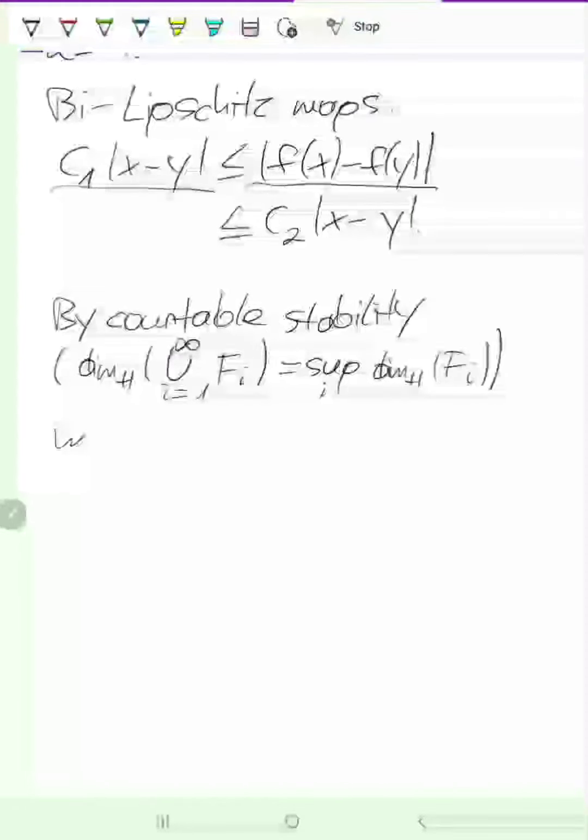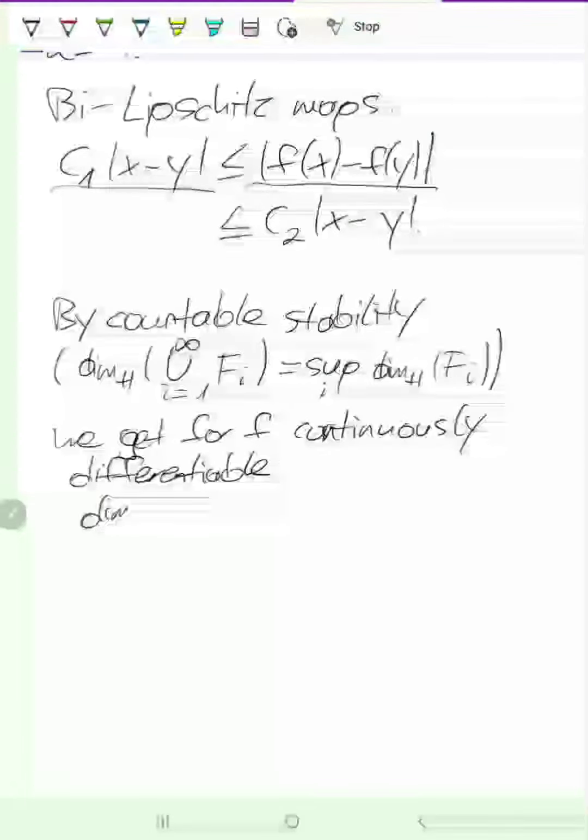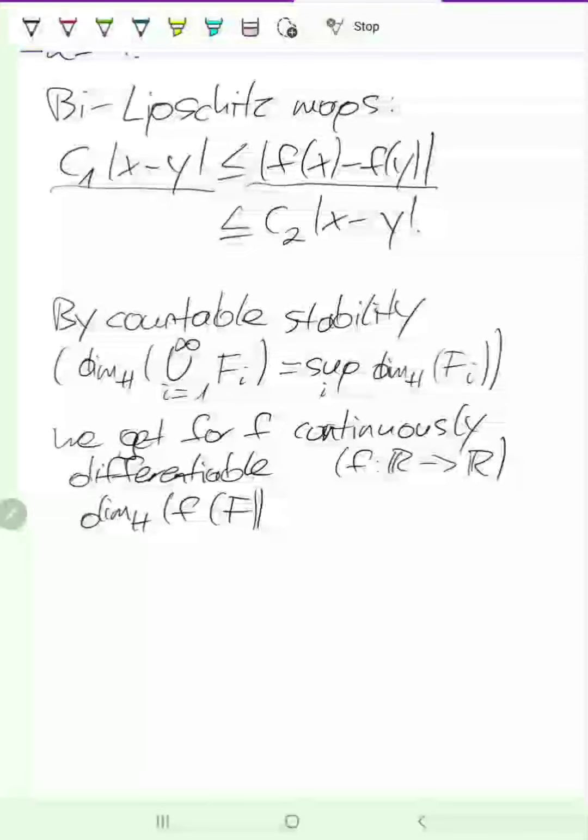And with that, we get that for f continuously differentiable, where f is just a function from the reals to the reals, the dimension of the image is at most the dimension of f.